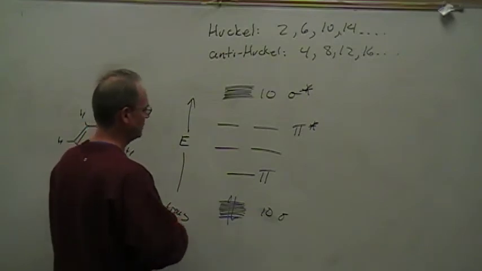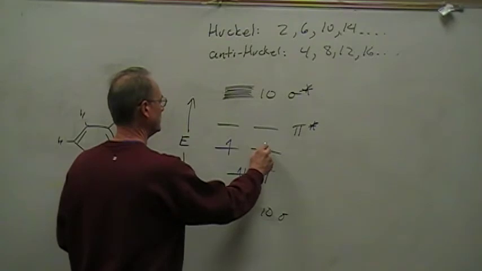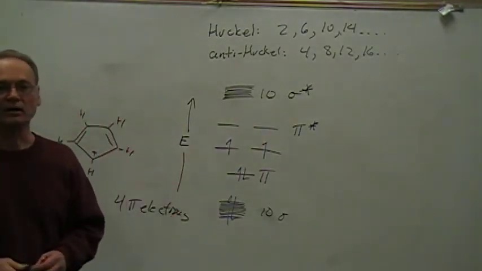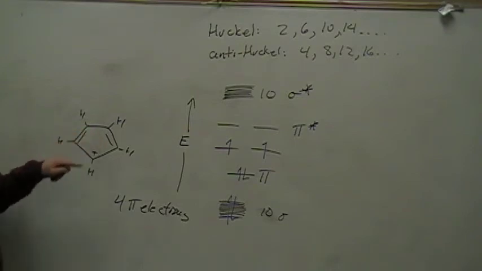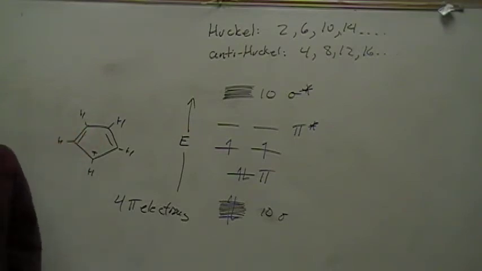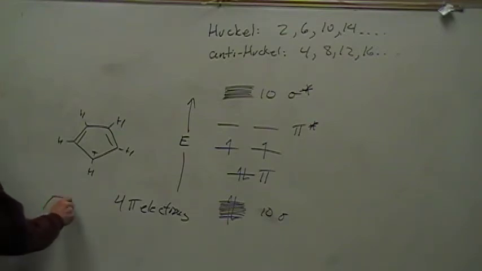Obviously, 1, 2, 3, 4. Again, unpaired electrons. And that fits perfectly with the idea that this has 4 pi electrons, therefore it's an anti-Huckel number, and therefore it's going to be anti-aromatic, very unstable.